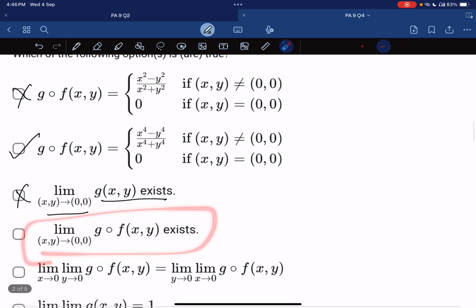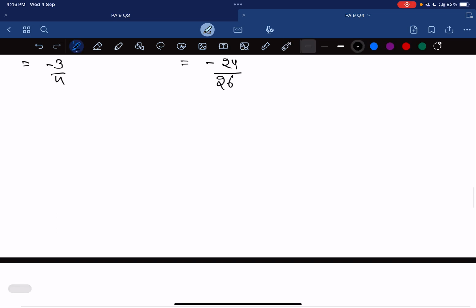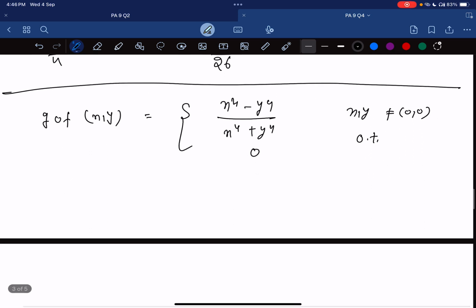Limit for the function g of f x comma y when x comma y tends to origin exists. So the same thing that we did for the function g, we can do for g of f x comma y, that is x to the 4 minus y to the 4 divided by x to the 4 plus y to the 4, when x comma y is not equal to 0 comma 0, or otherwise it is 0.